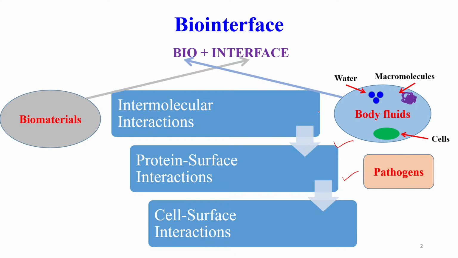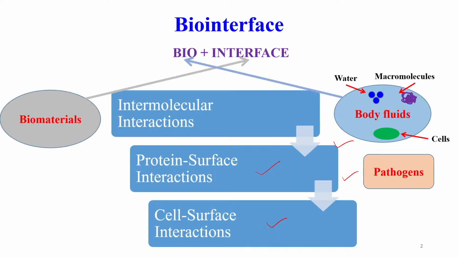First is the intermolecular interactions, which you can say is like a force between your surface and the body macromolecules. Followed by that, we have the major protein surface interactions and cell surface interactions, and these interactions lead to biofouling, or they may lead to a successful implant.